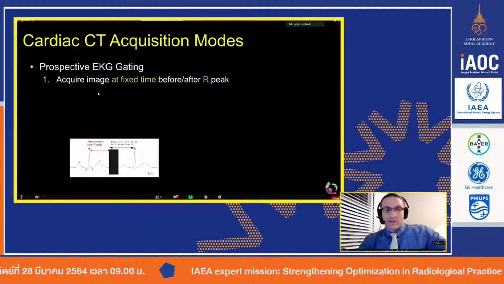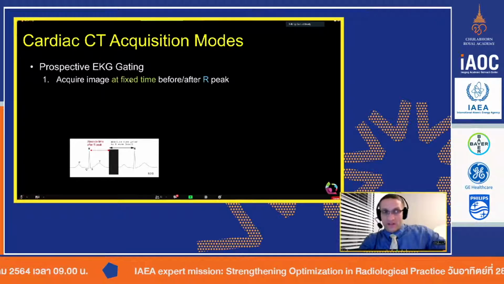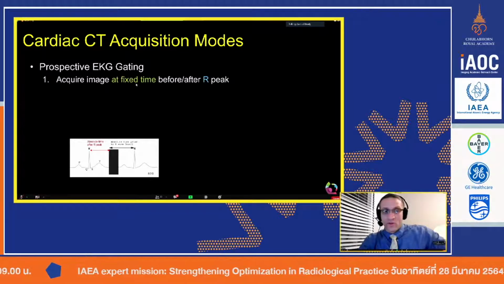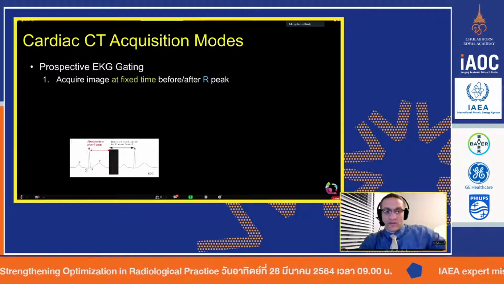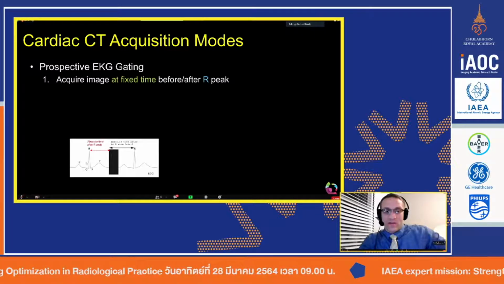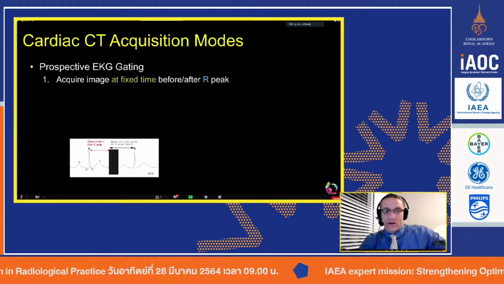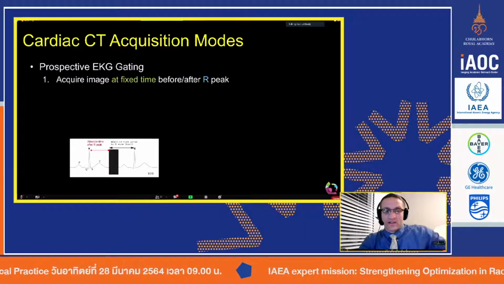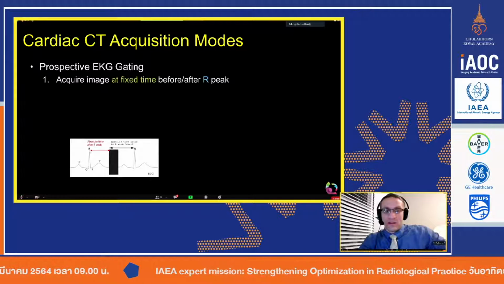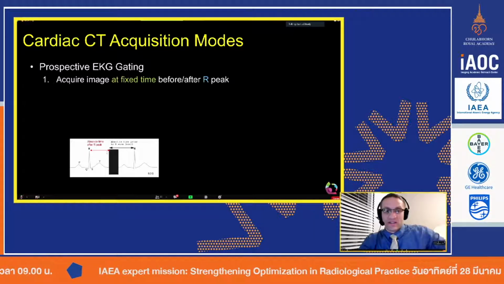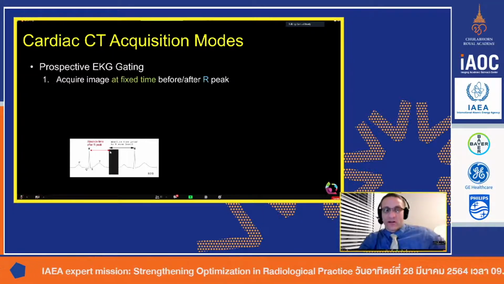There are 2 ways to look at this. There's what's called a fixed time approach, where on the typical QRS spectrum, once the CT scanner sees the R peak, it knows to turn on at a fixed time after that R peak.